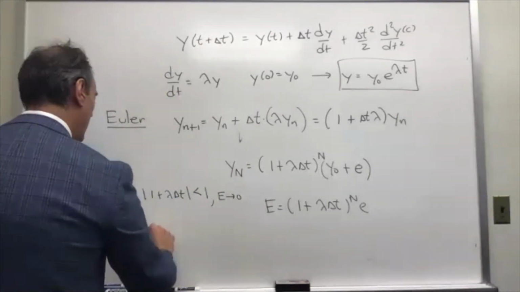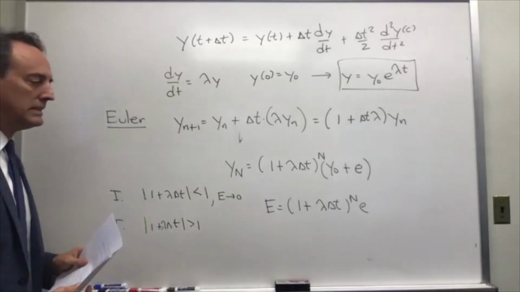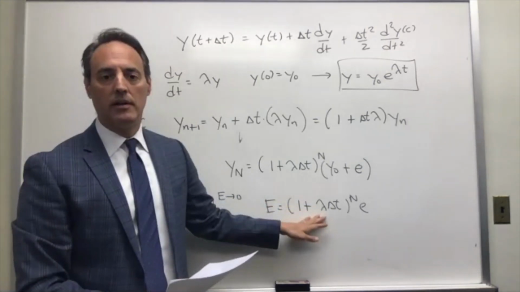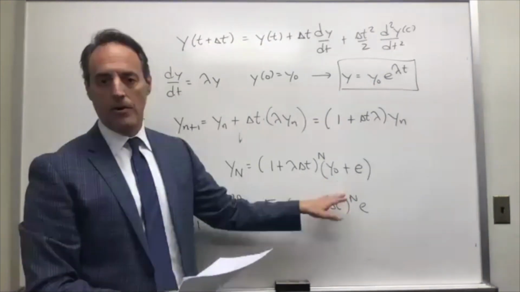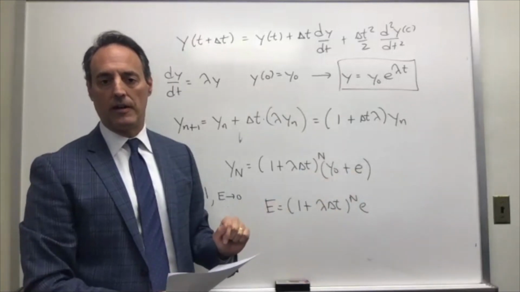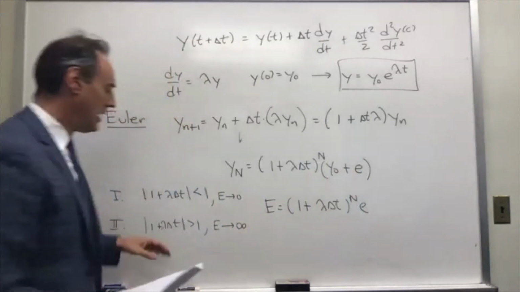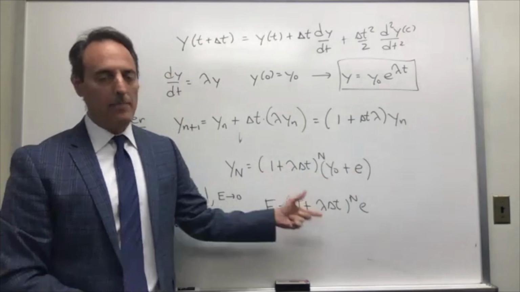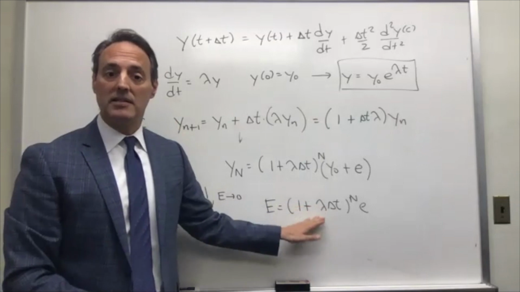However, what happens if the absolute value of 1 plus lambda delta t is bigger than 1? If this is bigger than 1, I'm going to take a number bigger than 1 and multiply it by itself over and over and over again. And this will go to infinity as n goes to infinity. So in other words, in this situation, this fundamental time-stepping scheme that I used here, which was Euler, is actually a numerically unstable scheme.